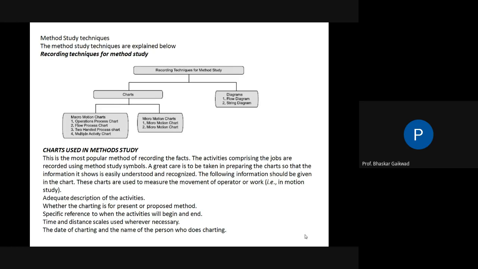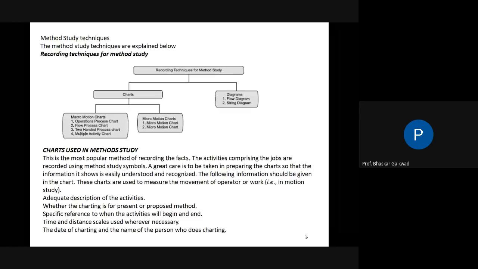I have given a number of practical examples from industry. You can take any industry, maybe plastic manufacturing, casting, forging, machining, forming process, or joining process industry.